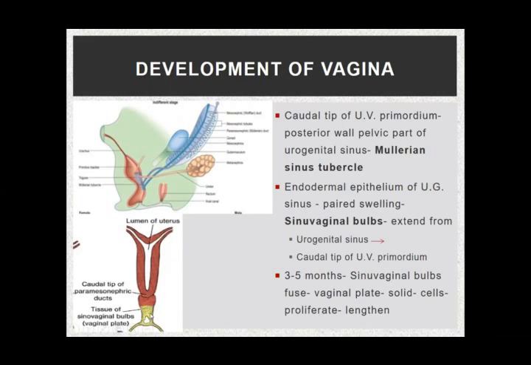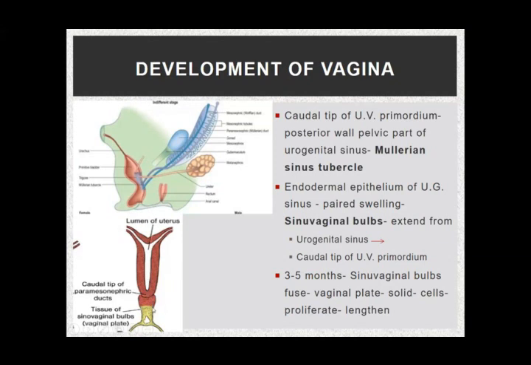They arise from the urogenital sinus and they grow towards the caudal tip of the uterovaginal primordium. The uterovaginal primordium develops into the uterus and upper part of the vagina. Okay?